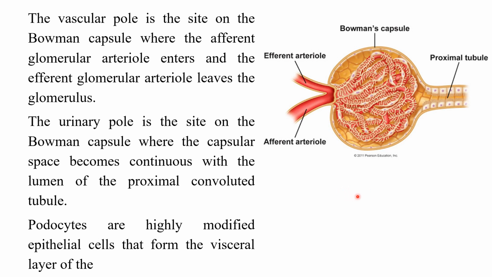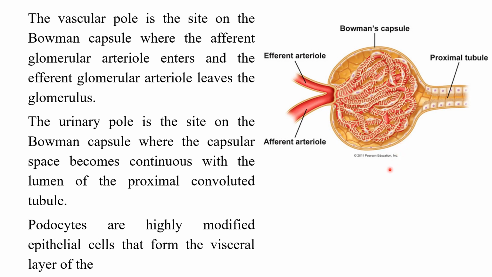The vascular pole is the site on the Bowman's capsule where the afferent glomerular arteriole enters and the efferent glomerular arteriole leaves the glomerulus. So this is the afferent and this is the efferent. The urinary pole is the site on the Bowman's capsule where the capsular space becomes continuous with the lumen of the proximal convoluted tubule.